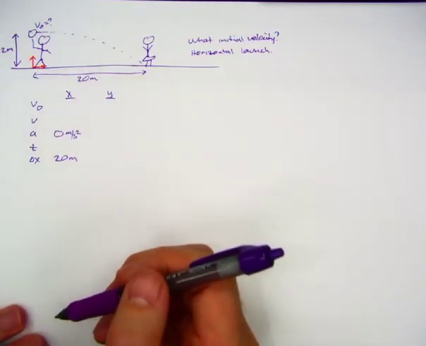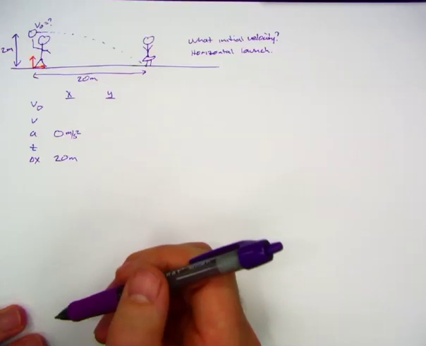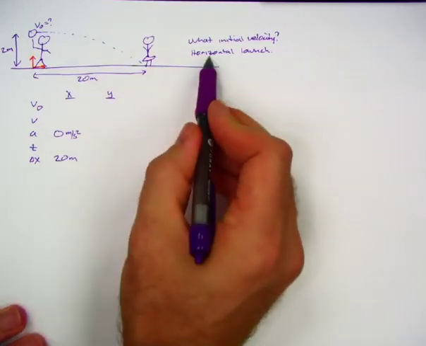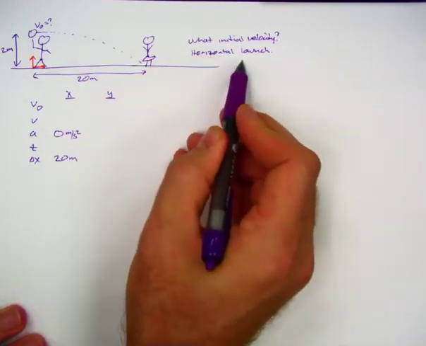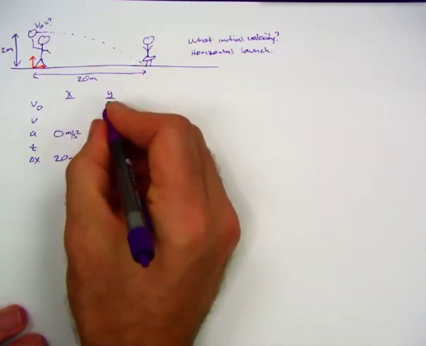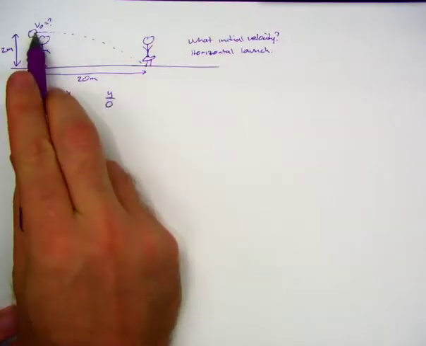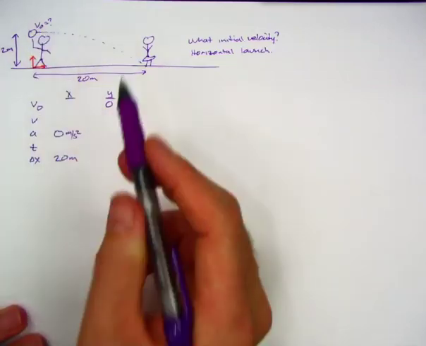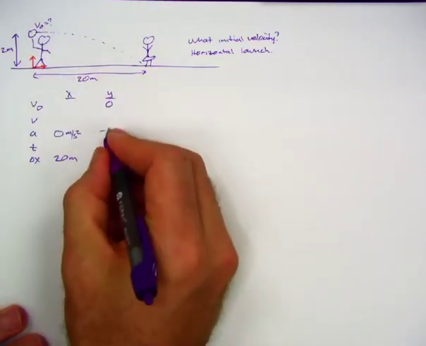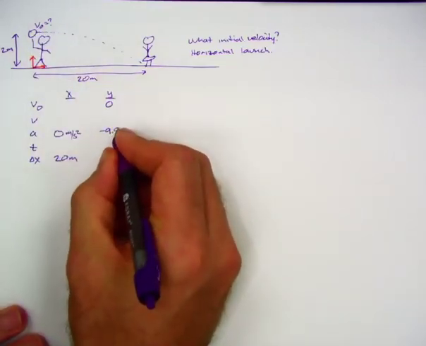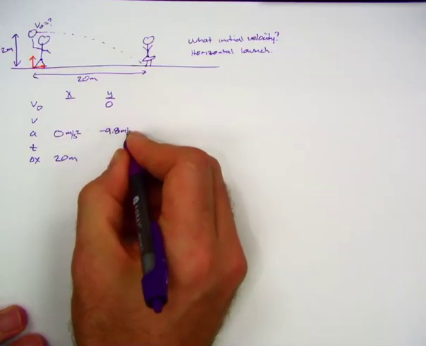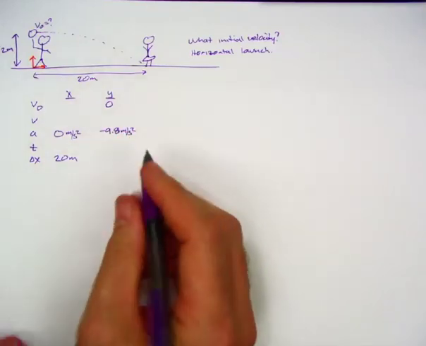20 meters of travel. In the y direction, we made a requirement that this was a horizontal only launch, so the y velocity is 0. It's not moving up or down at all here, it's moving perfectly horizontally. We get, again, for free the acceleration of negative 9.8 meters per second squared because we're near the surface of the earth, and it's down.